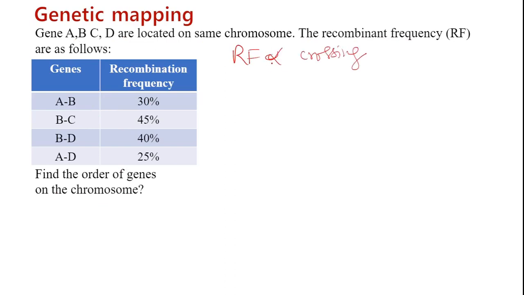That means if the recombination frequency is more, then the distance between the genes will be more. If the recombination frequency is higher, they are more likely to go for crossing over. Because of that, to find the extreme genes, you need to find the maximum recombination frequency.